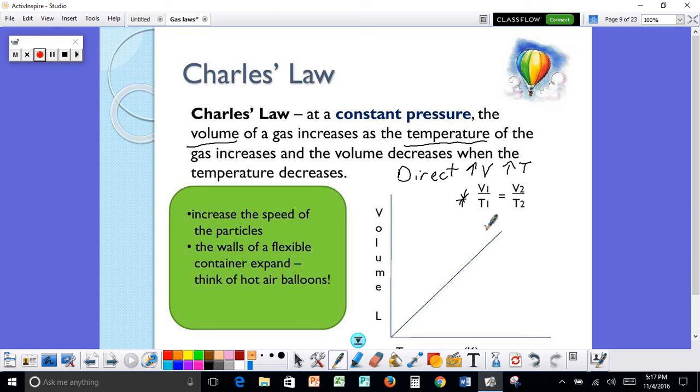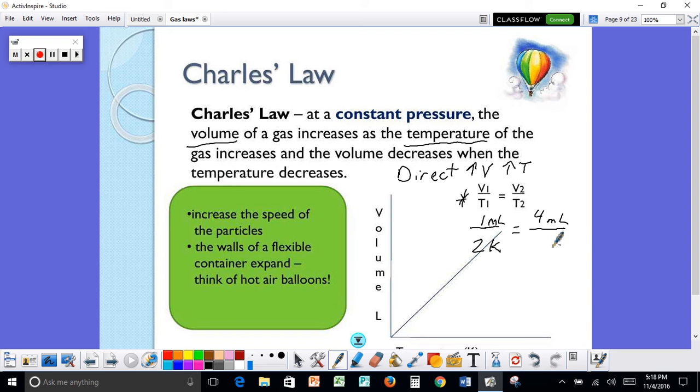So if we just put some numbers to this, let's just say that we have a volume of 1 milliliter and a temperature of 2 Kelvin. So let's say that we increase the volume by a factor of 4. So we go from 1 milliliter to 4 milliliters.